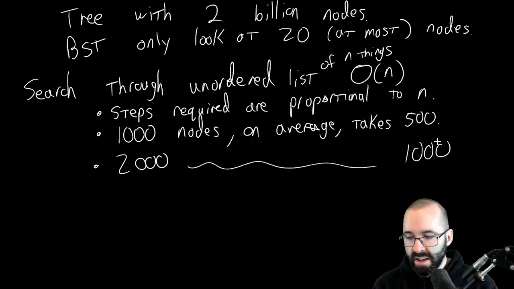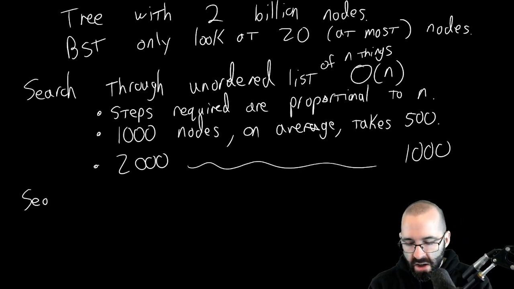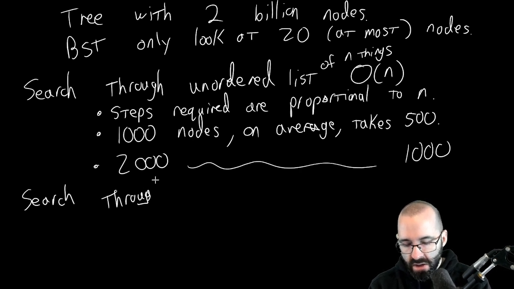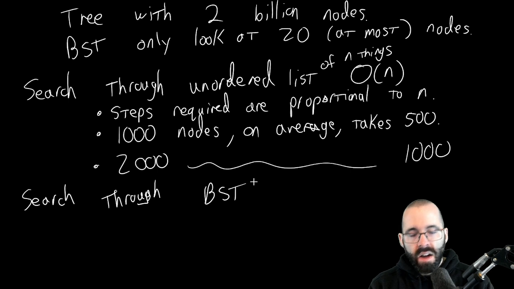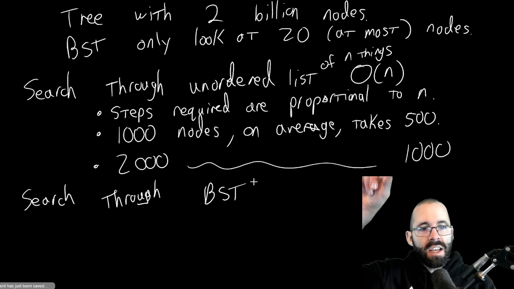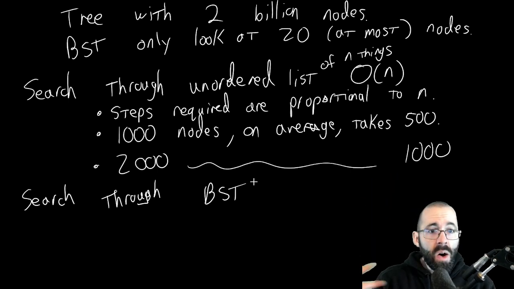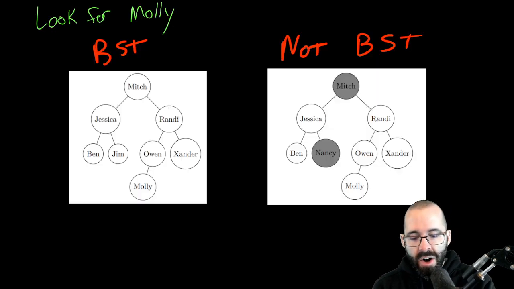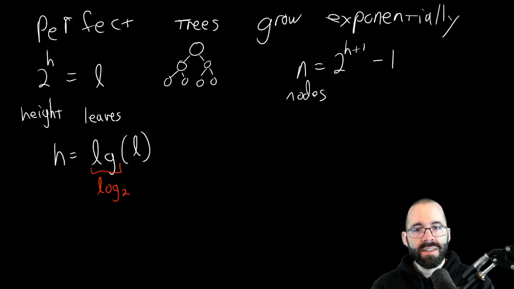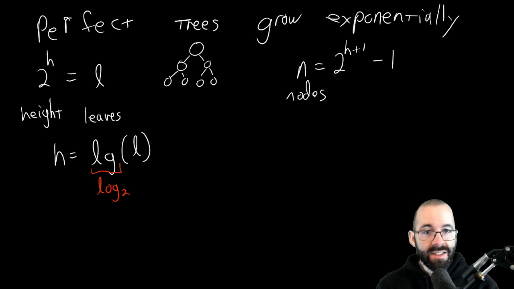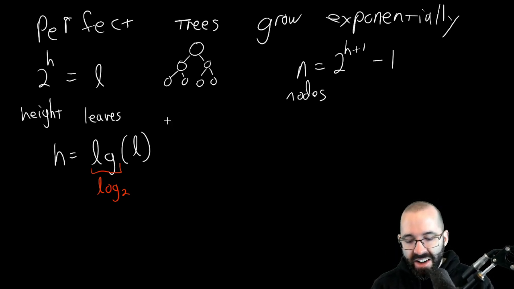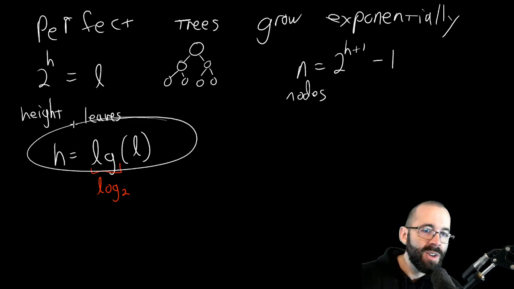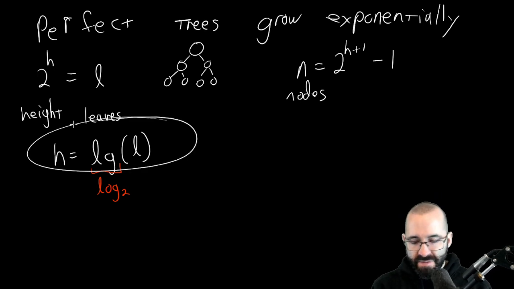Now, conversely, if we search through a binary search tree, we only have to go at most the height of the tree. That's so powerful. What did I say the height of a tree was? Well, if it's perfect, the height of the tree is just log base 2 of the number of leaves.